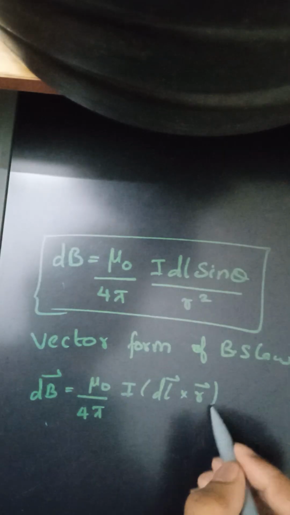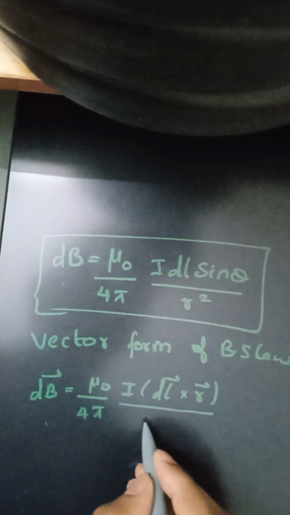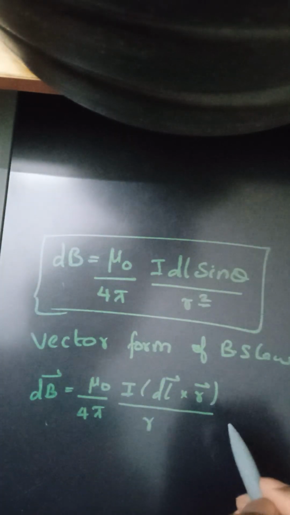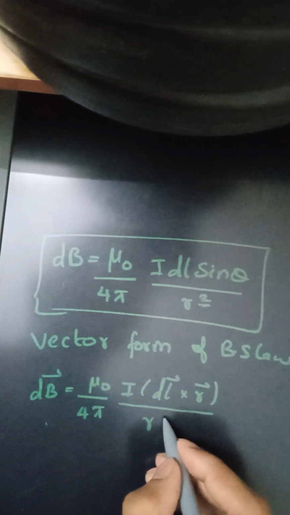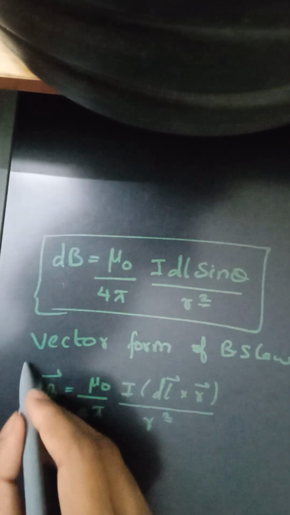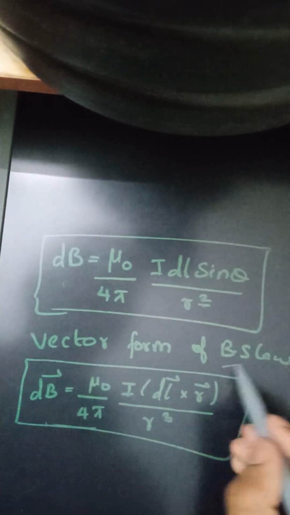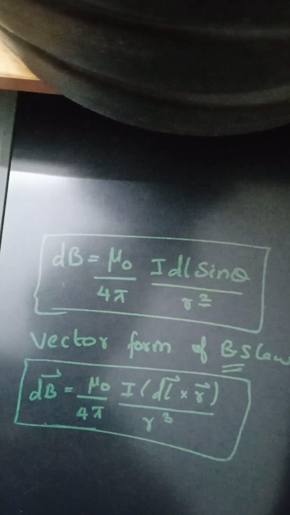We are multiplying this equation by r, so to balance it out, here we have square. Multiplying and dividing by r in numerator and denominator, we will get r cube. So this is the vector form of Biot-Savart law.